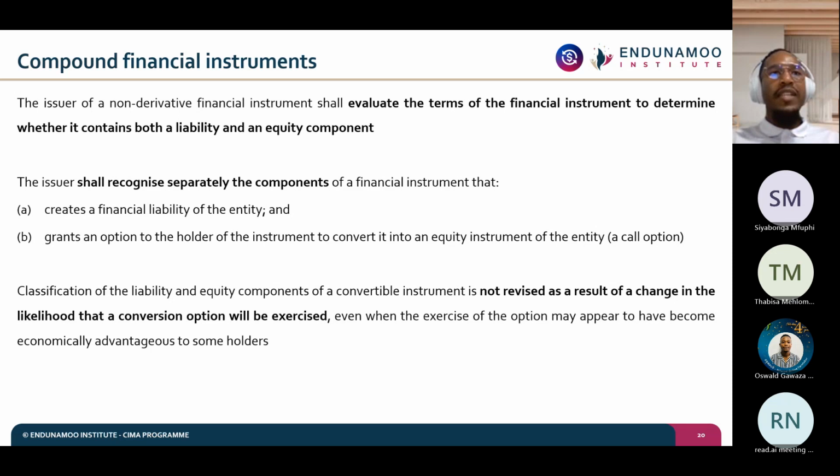The component that creates a financial liability for the entity has to be recognized separately from the component that grants an option to the holder of the instrument to convert it into an equity instrument of the entity. So there are instances where you will enter into a financial instrument as an issuer and you will receive cash.